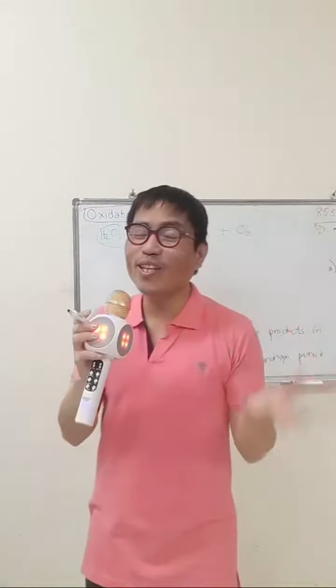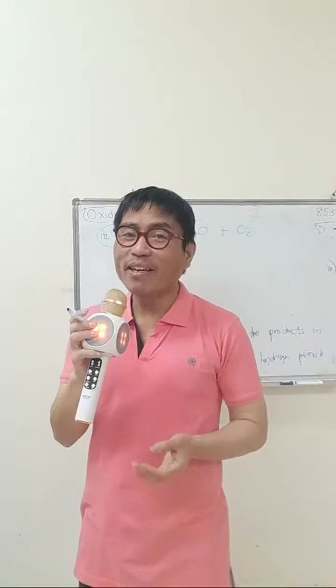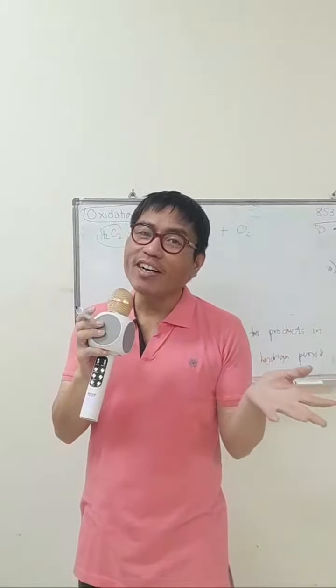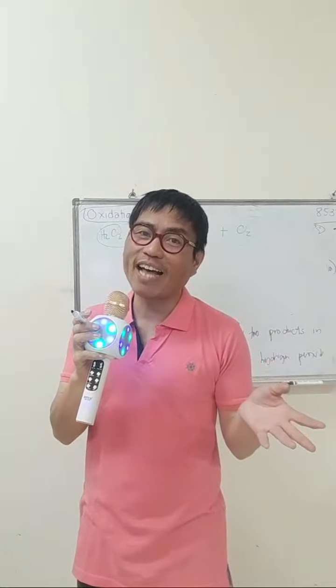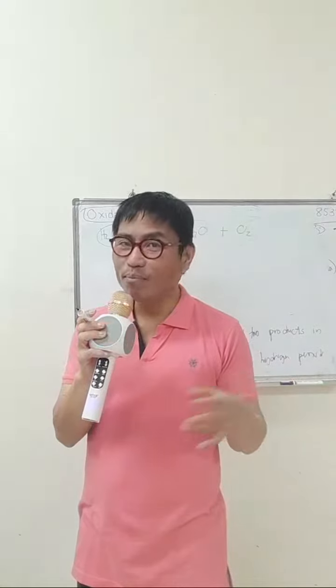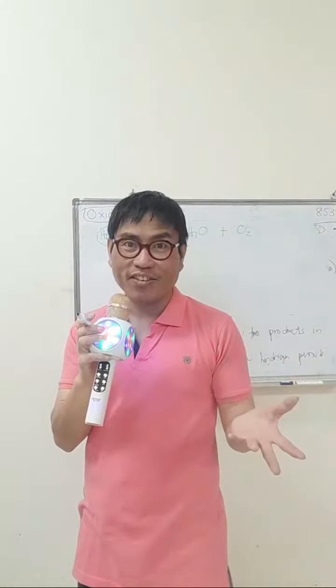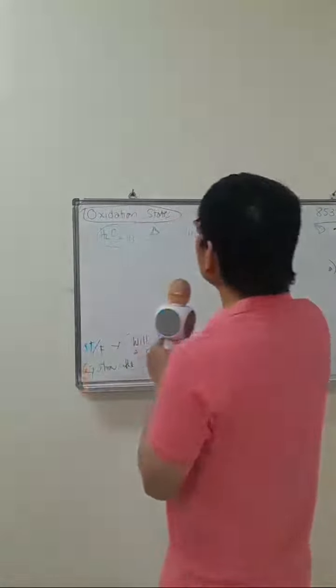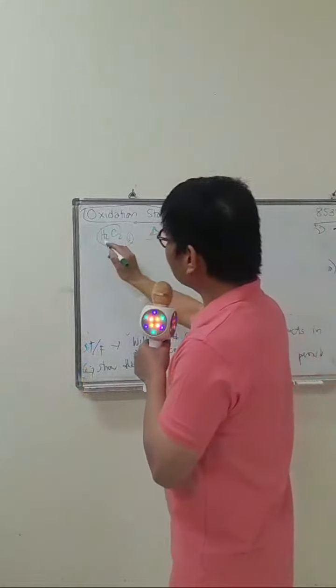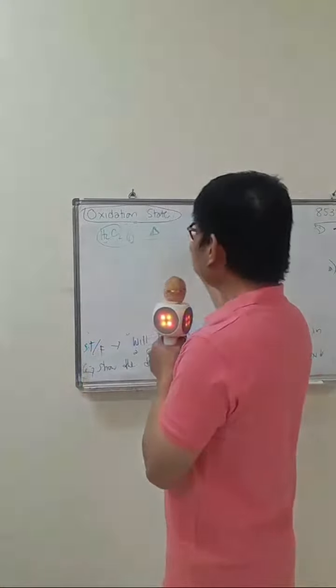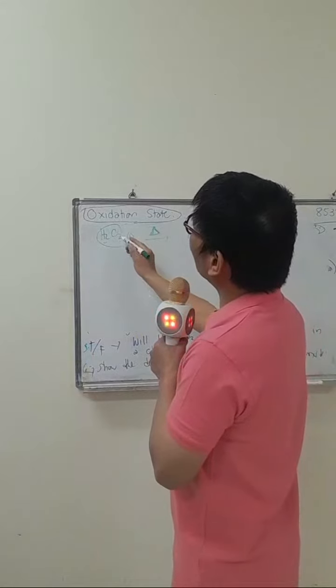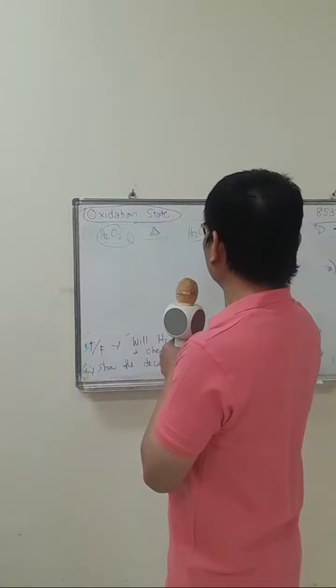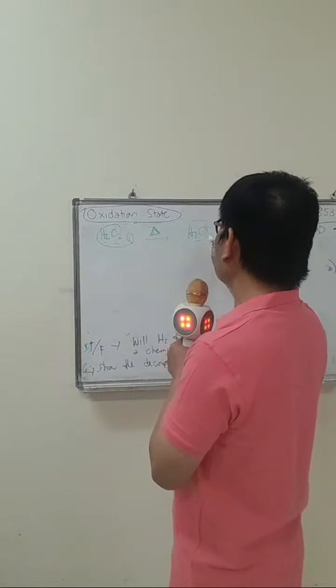I will do first the visual inspection, trial and error method because, as I said earlier, the algebraic expression of solving the atoms will not apply here. So I will say, okay, H2 is balanced. 2 atoms of hydrogen here, 2 atoms of hydrogen here. Oxygen is 2 in the reactant and 3 in the product.